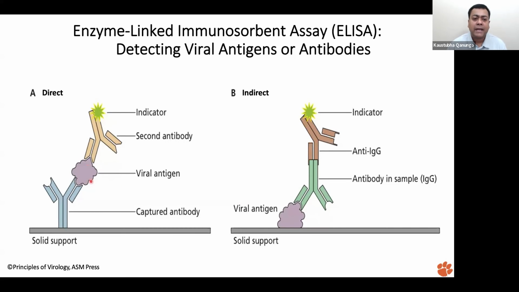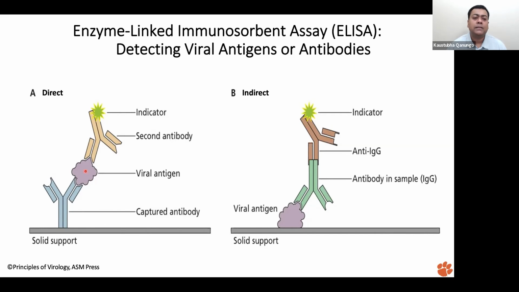If you're asking whether you have a viral particle in the body of the patient or not, you will do this assay. Here, commercially available are the antibodies which will bind to this virus. Suppose this is an influenza virus, and this is an antibody that has been raised against the influenza virus, commercially available and attached to the plastic surface of the ELISA plate.